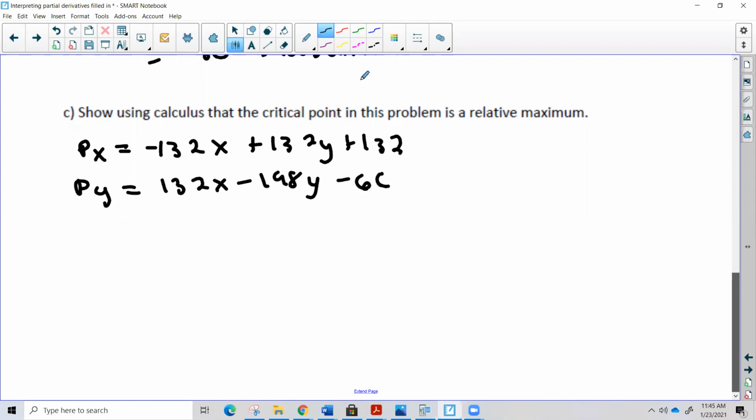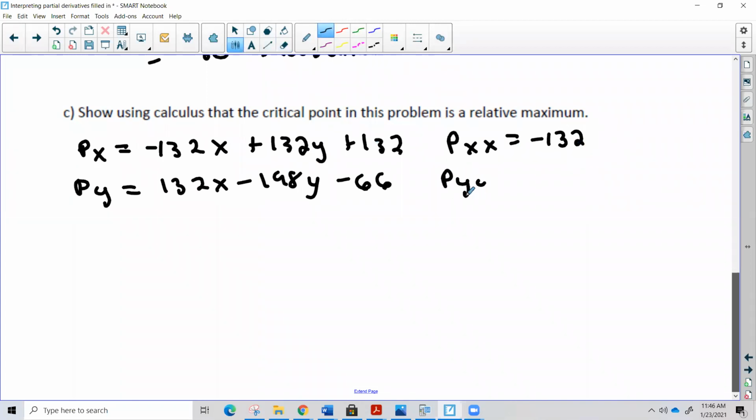So these are my 2 partial derivatives. So P of xx is just taking the derivative of this with respect to x. So the derivative of negative 132x is negative 132. This is a constant, this is a constant, so the derivative of both of them is 0. And I just get negative 132.